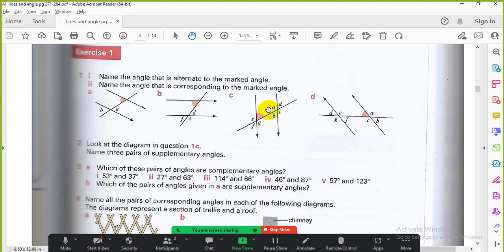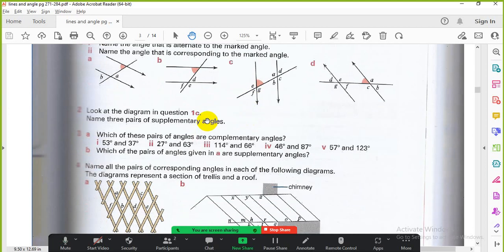Then B and C. B and C also I can name. D and C I can name. A and B. Yes. Okay, very good. F and G, E and F. Okay, sir.